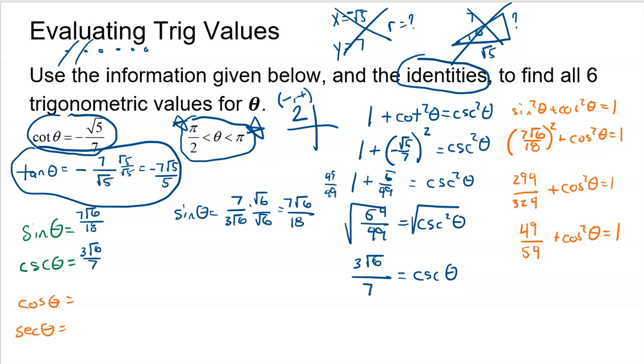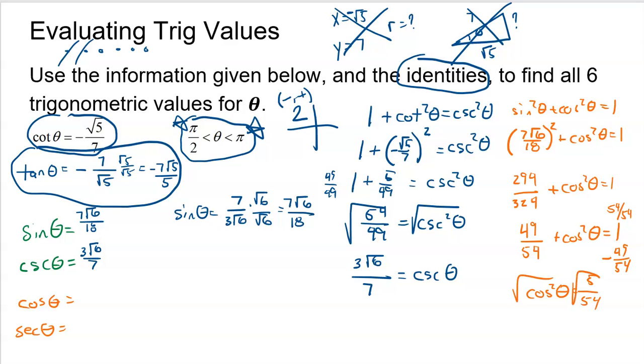Now this time I have to subtract that over. I'm going to subtract the 49 over 54 over. So I get cosine squared of theta equals, and this time I'm treating 1 as 54 over 54, getting a common denominator, not a common numerator. That's not a thing. So 54 over 54 minus 49 over 54 is 5 over 54.